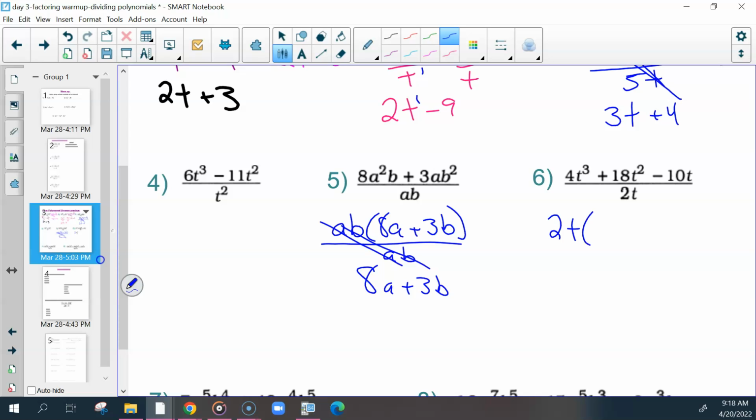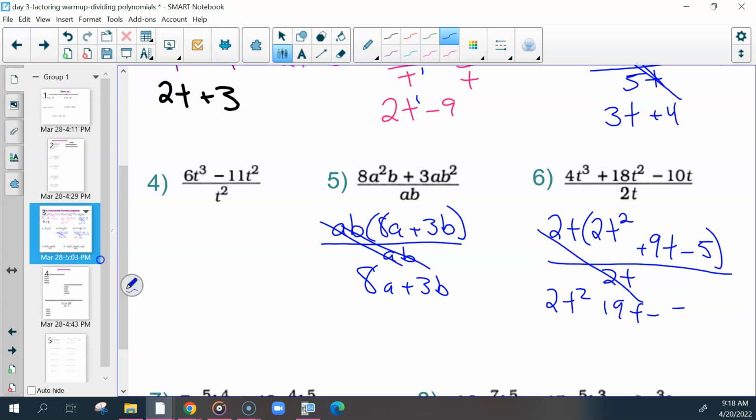Which will leave us with 2t squared plus 9t minus 5. The 2 t's would cancel, leaving 2t squared plus 9t minus 5.